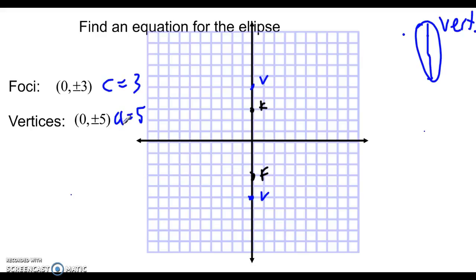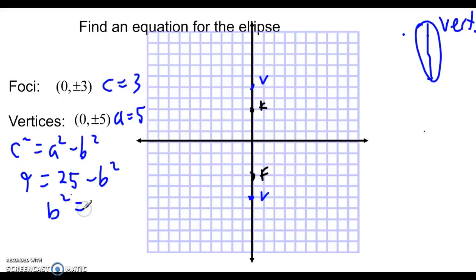There's a formula you learned for this, which was c squared equals a squared minus b squared. So 9 equals 25 minus b squared. So b squared equals 25 minus 9, which is 16, so b equals 4.